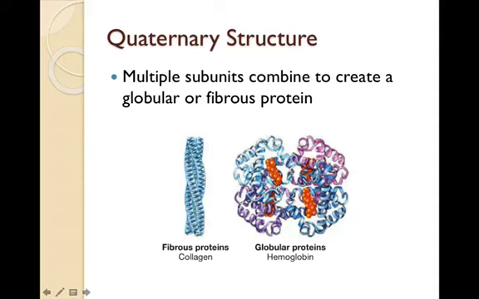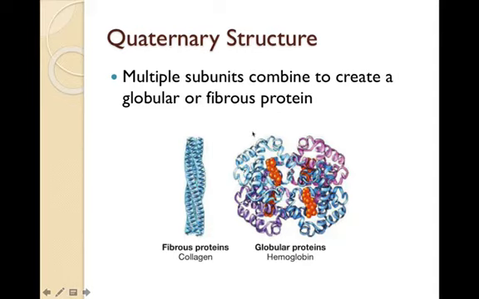There's also the type of protein that exists as long fibrous strands, and many of these long fibrous strands interact and twist around each other to make these long fibrous filamentous proteins. And this would be found in something like collagen, which is a connective tissue within your body.